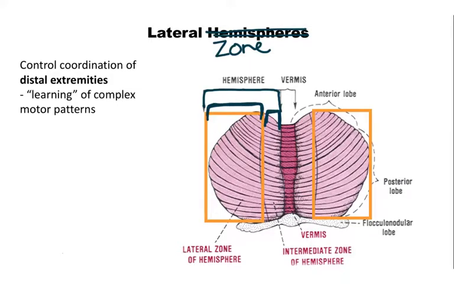So you have the lateral hemisphere, which is all of this, and then the vermis in the cerebellum. And the lateral hemisphere makes up both the paravermal zone here as well as the lateral zone here. So sorry if that was confusing.